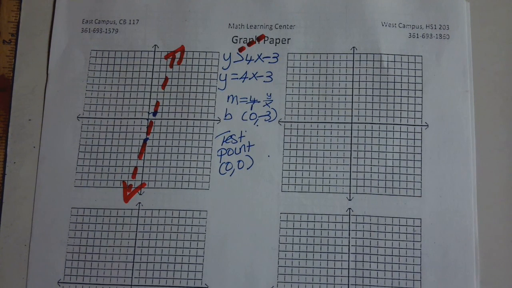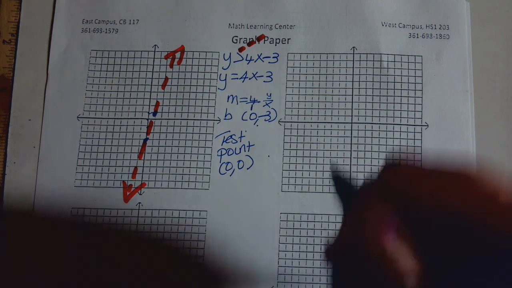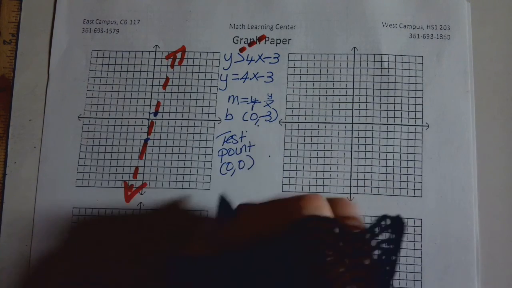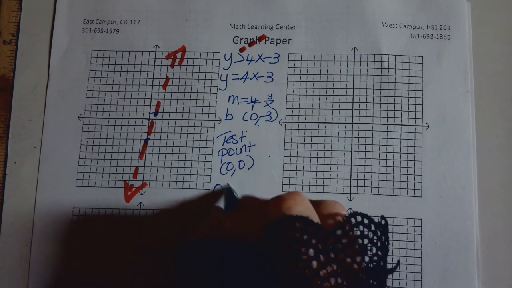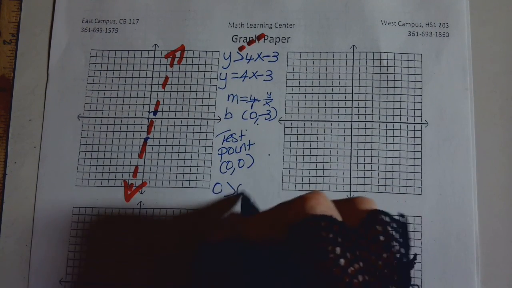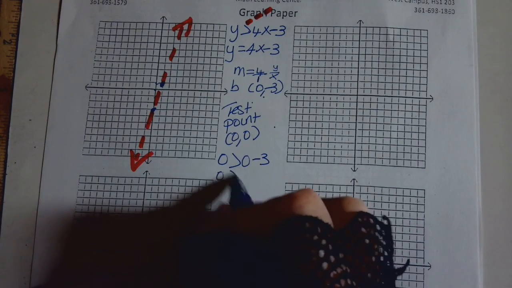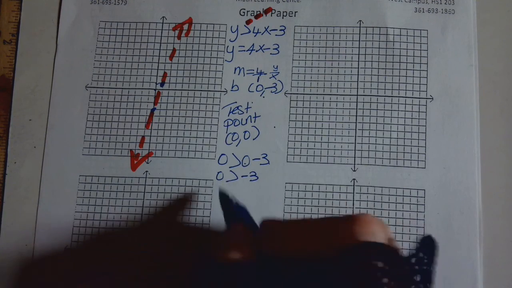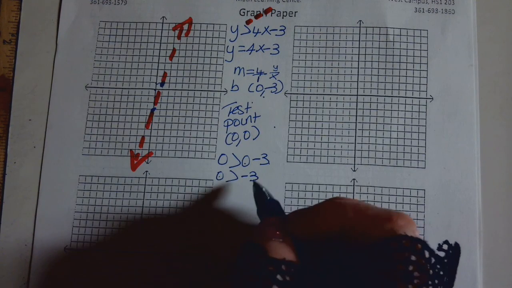And the reason I like to do (0, 0) is because you don't have to worry about mixing up which is x and y. So I plug a 0 in for y: 0 is greater than 4 times 0, anything times 0 is 0, minus 3. Okay, 0 is greater than 0 minus 3, which is negative 3. Is 0 greater than negative 3?